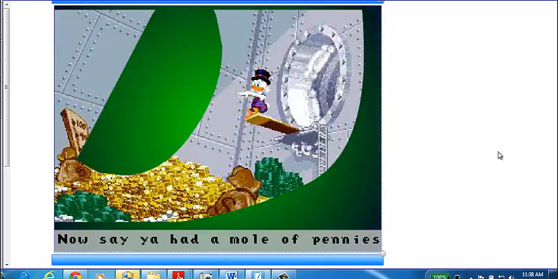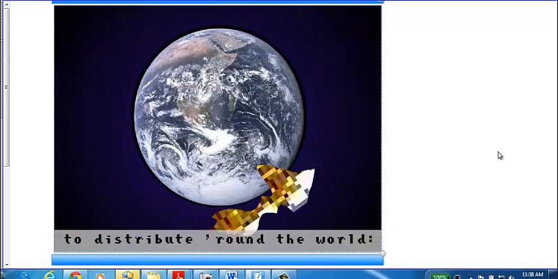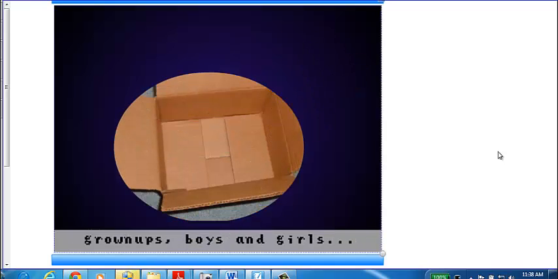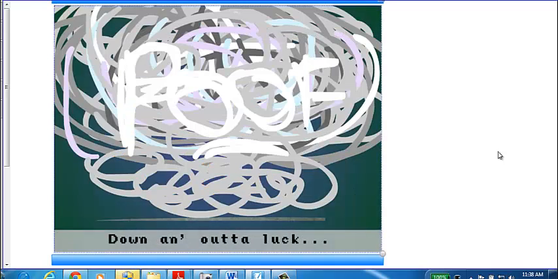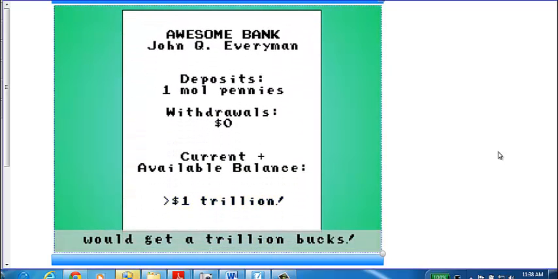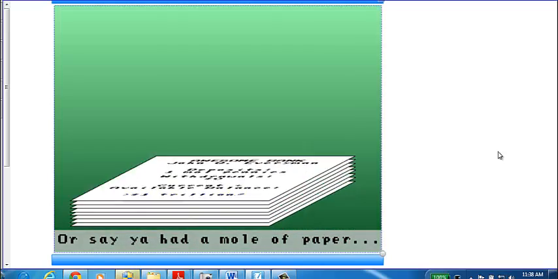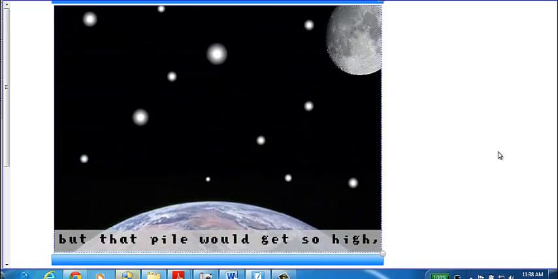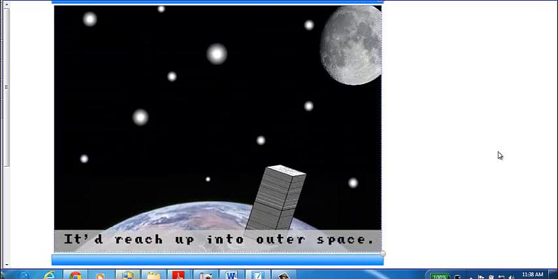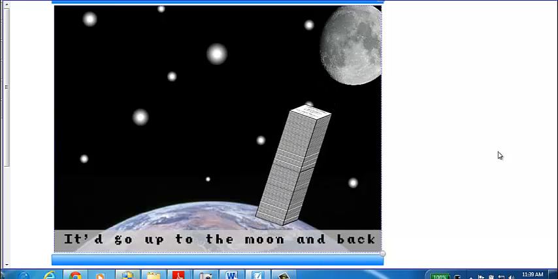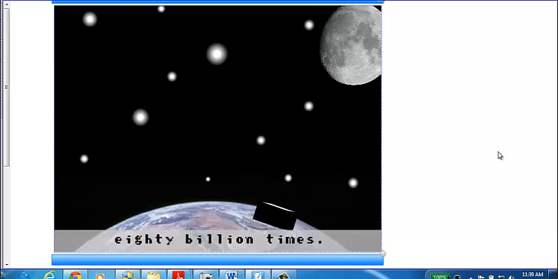Now say you had a mole of pennies to distribute around the world. Give to each of the 5 billion grown-ups, boys and girls. There wouldn't be a single soul down and out of luck, cause everybody in the world would get $1 trillion. Or say you had a mole of paper and stacked it toward the sky. Paper's double thin, but that pile would get so high you'd reach up into outer space. In fact, I think you'd find it'd go up to the moon and back 80 billion times.